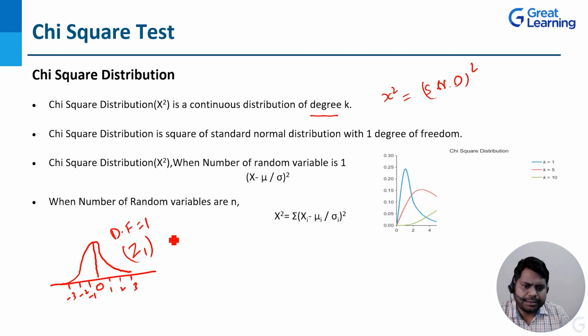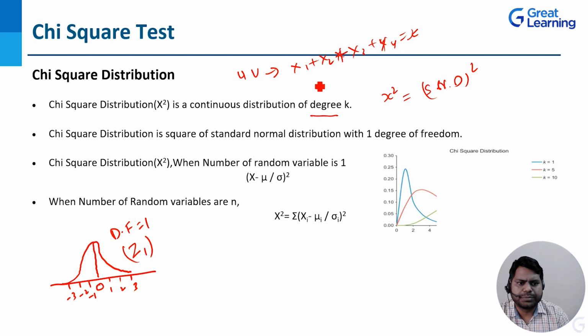What is degree of freedom? We can consider degree of freedom as something like this. For example, if we have 4 variables, then minimum how many variables do we need to derive the fourth variable? Let's suppose we know the sum of all the variables, so x1 plus x2 plus x3 plus x4 is equal to x.